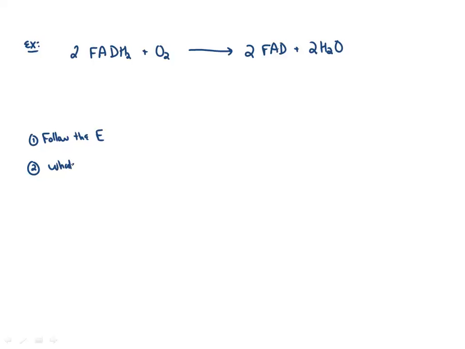So if I have a process like this, 2FADH2 plus oxygen goes to 2FAD plus 2H2O. Questions that we'll ask, for instance, are, does the process gain or lose energy? What's being oxidized and what's being reduced? So, basically follow the energy. Talk about what's oxidized. Talk about what's reduced.